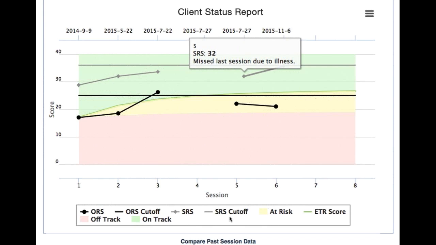That's one answer. The second answer is most of those young kids are not there because they chose to go there, but rather because someone else is concerned. And so in that particular case, it's really important to get the collateral's score.